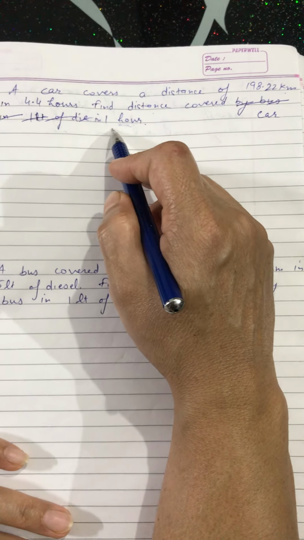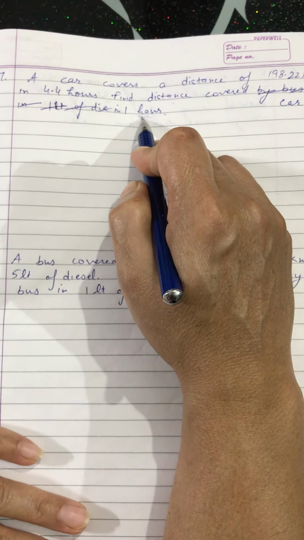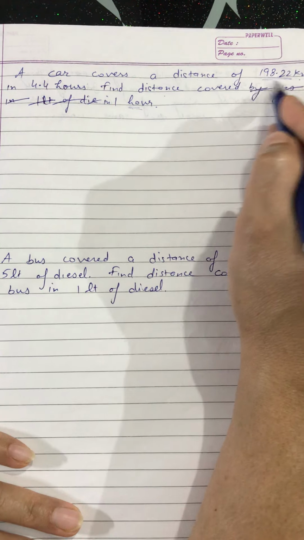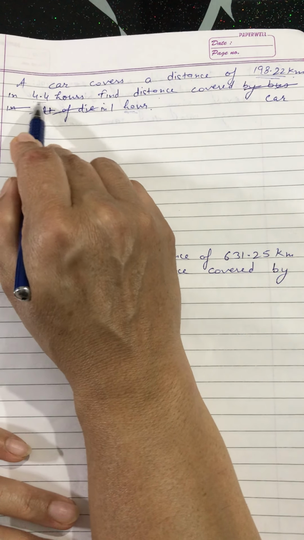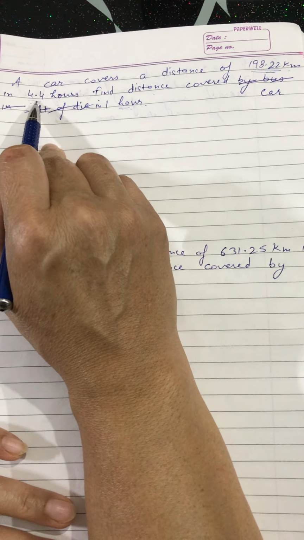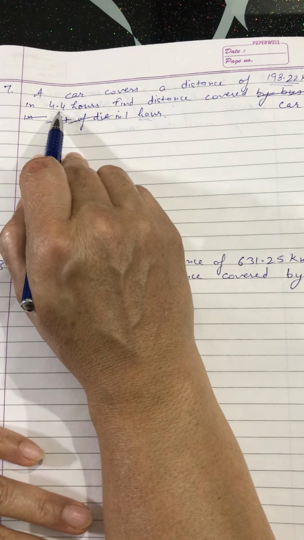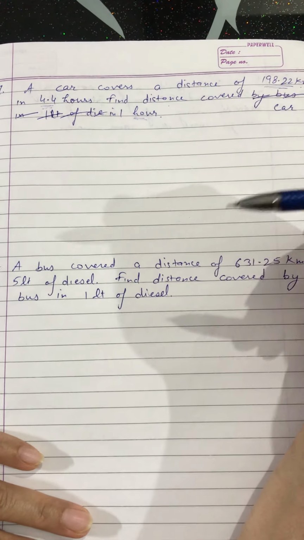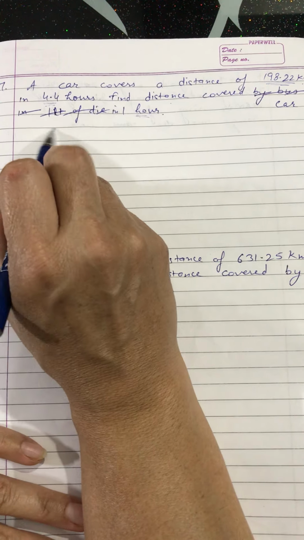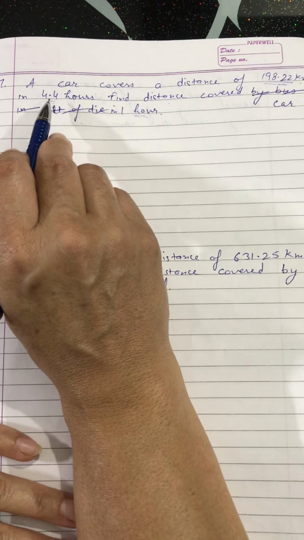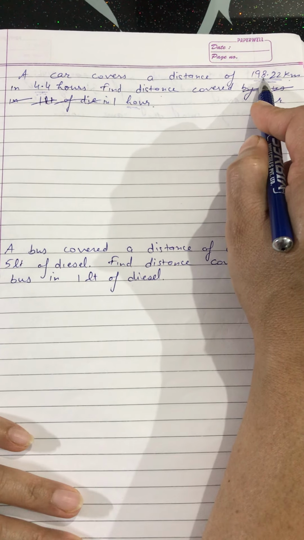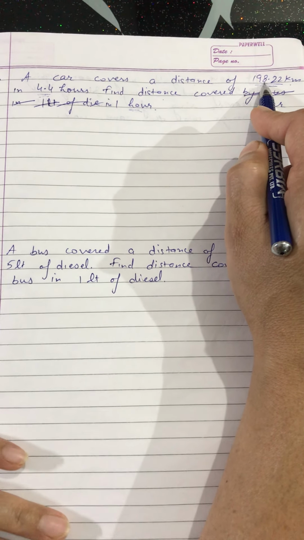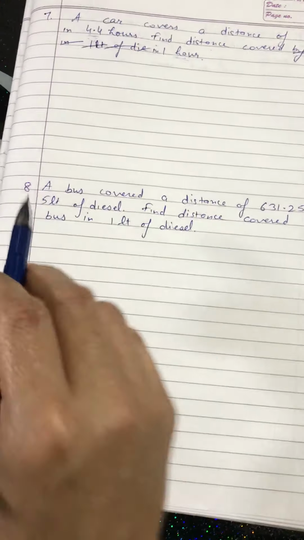Again, to find out the distance covered for 1 hour, we will divide. This distance will be divided by 4.4. Here again it is a decimal in the divisor. We will shift the decimal and then after that we will do the long division. The shifting of decimal will be done both in the divisor and in the dividend at the same time and by the same number of digits.